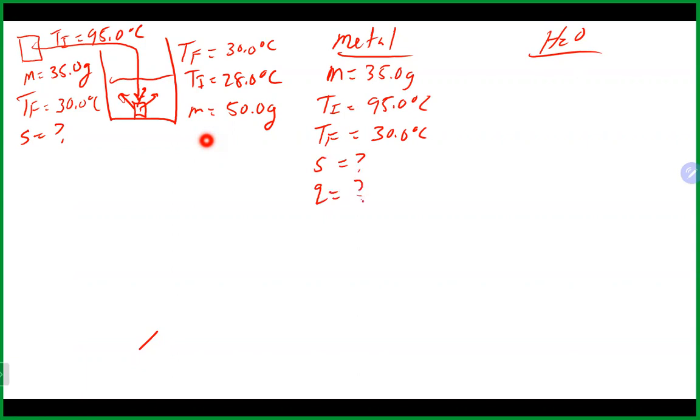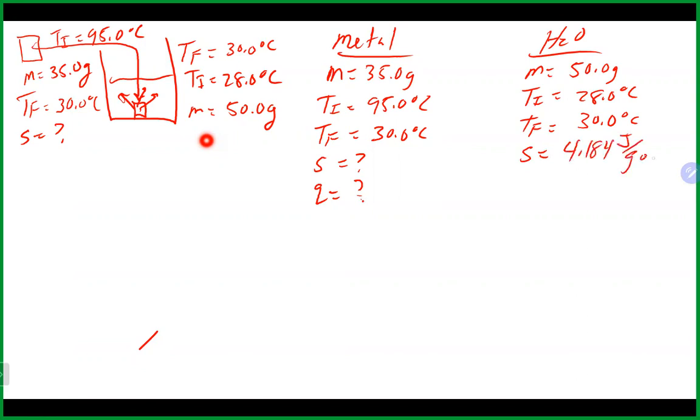For the water, though, we do know that the mass of it is 50 grams. We do know the initial temperature of the water was 28 degrees Celsius. We know the final temperature of the water went to 30 degrees Celsius. And we always know the specific heat capacity of water, which we just talked about a second ago, which is 4.184 joules per gram per degree Celsius.